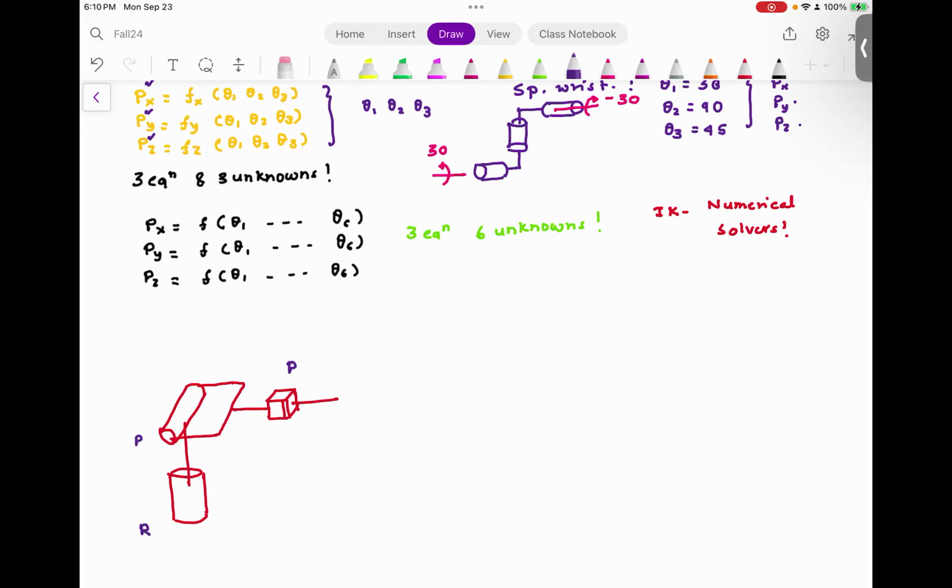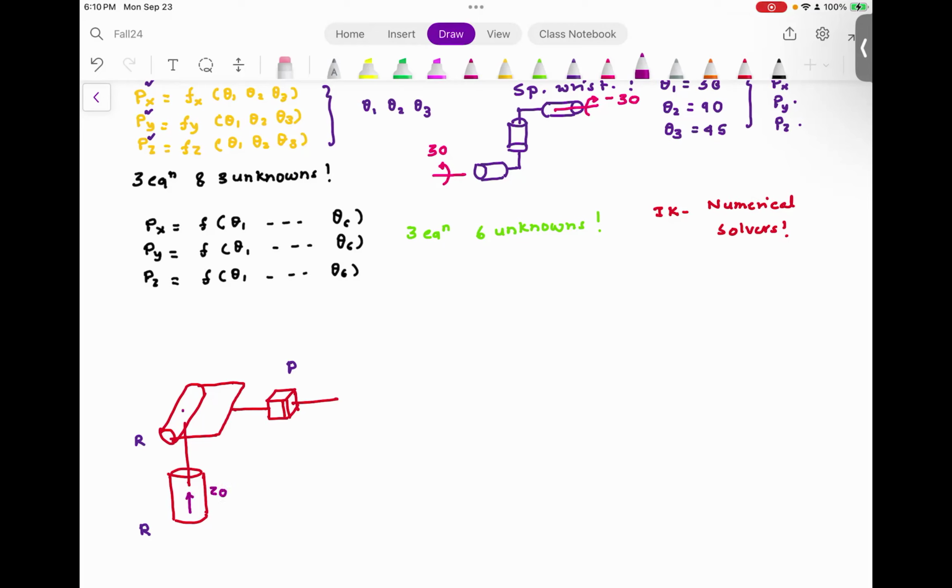This joint is revolute. So if you think about it, in this robot configuration, I'm going to apply the coordinate frames. The joint direction has to be Z. So this is going to be my Z0.